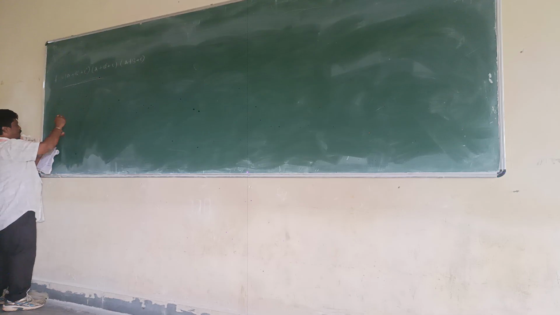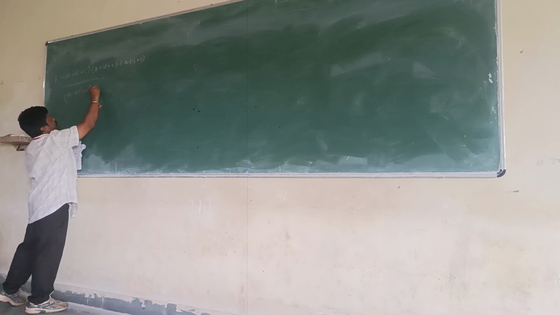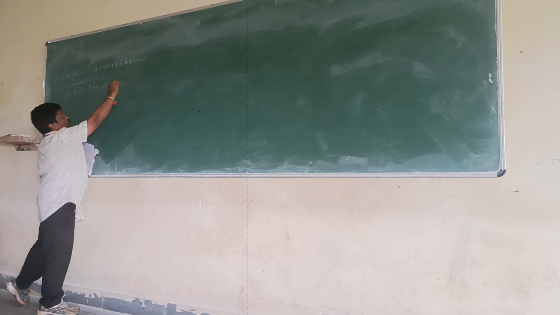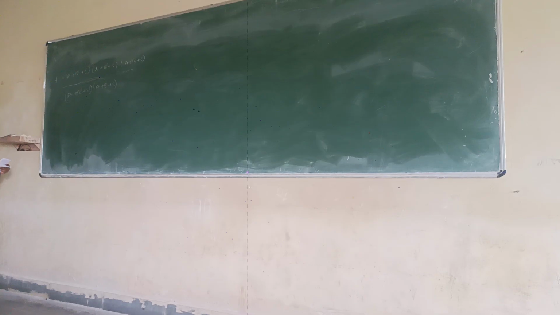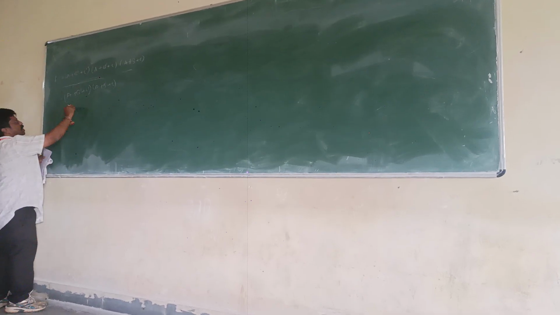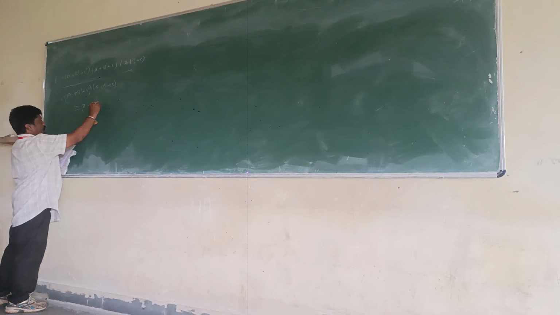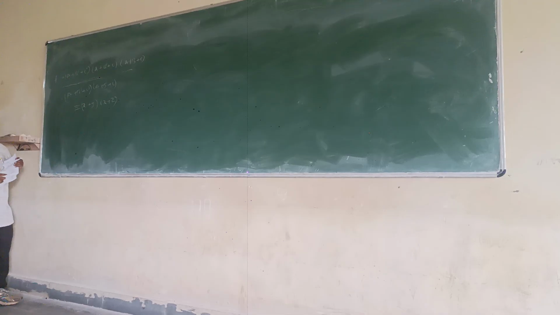a into a. First consider a plus b bar plus c bar, and also the same as a plus b bar plus c. Don't consider the third one right now. First you have to expand these two. This is similar to x plus y and also x plus z.